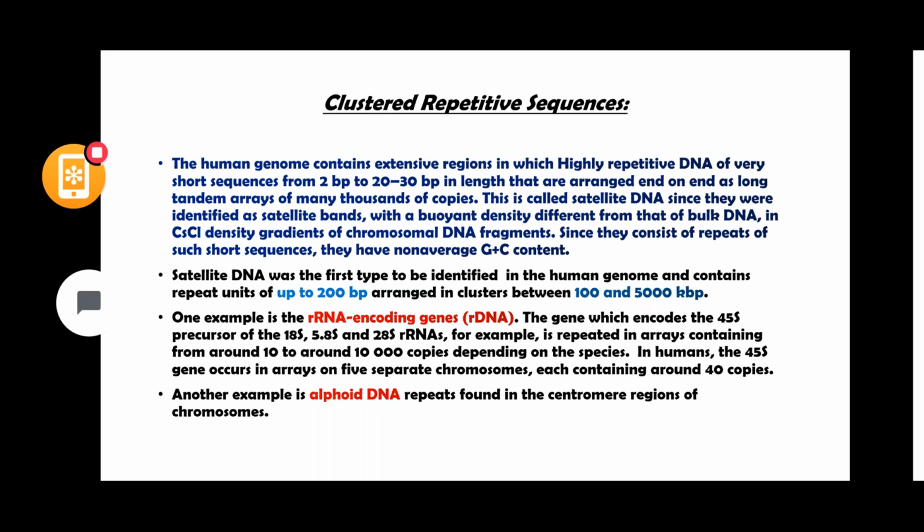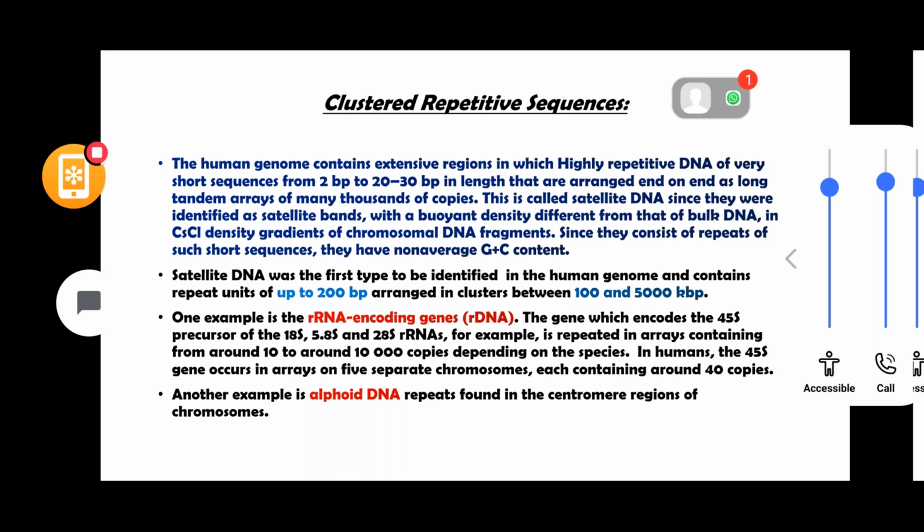So that's what we came to know about satellite DNA: it has repetitive sequences present in the genome, consisting of repeats of up to 200 base pairs, clustered between 100 and 5000 kilo base pairs.